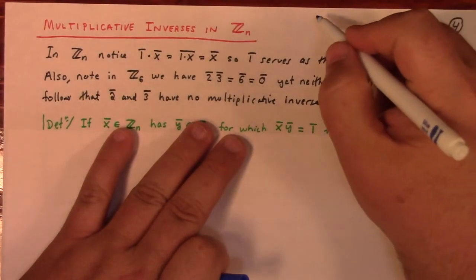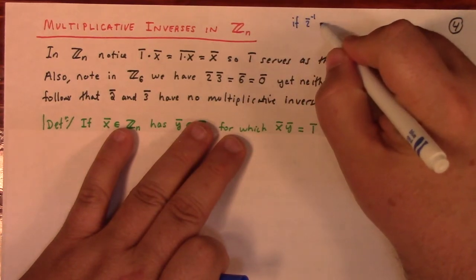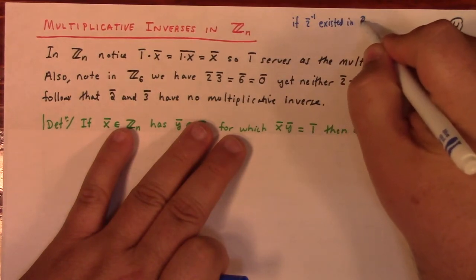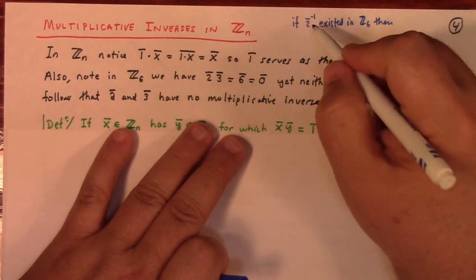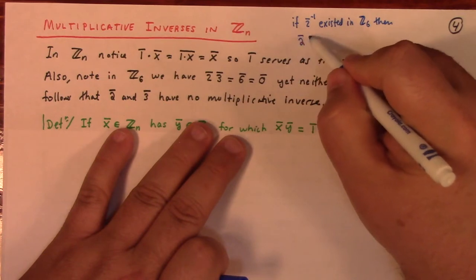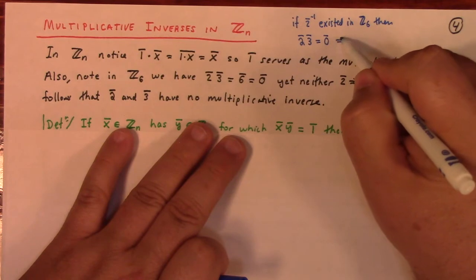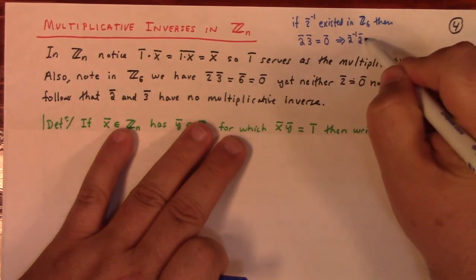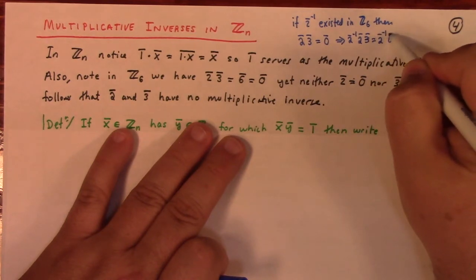If 2 bar inverse existed in Z6, then we could take 2 bar times 3 bar equal to 0 bar, and that would tell me that 2 bar inverse times 2 bar times 3 bar equals 2 bar inverse times 0 bar.